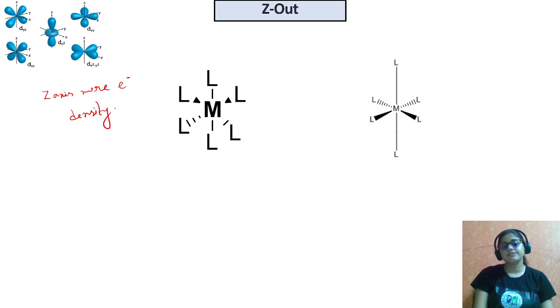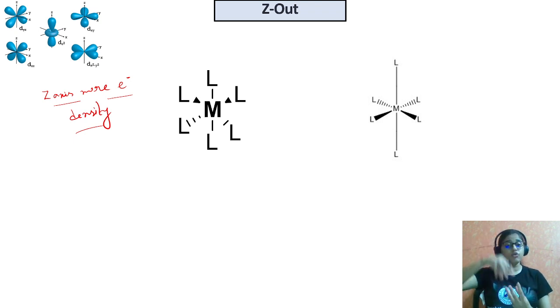How does it affect things? When ligands approach, we know ligands have electrons, lone pairs, which they donate to the metal. When the z-axis has more electron density, the ligands face more repulsion along the z-axis.